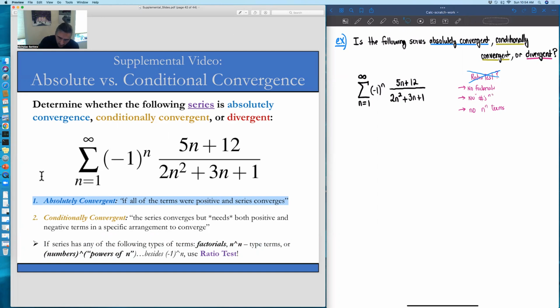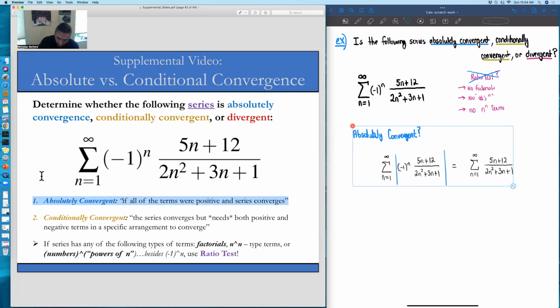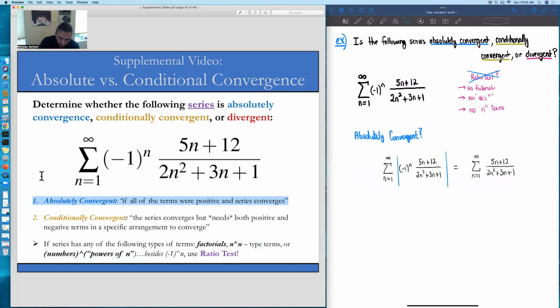We're going to take our original series, but throw absolute value signs around each term, which results in basically the same series without the (-1)^n. So this series is full of only positive terms now. For the original series to be absolutely convergent, we need to show that this series converges.